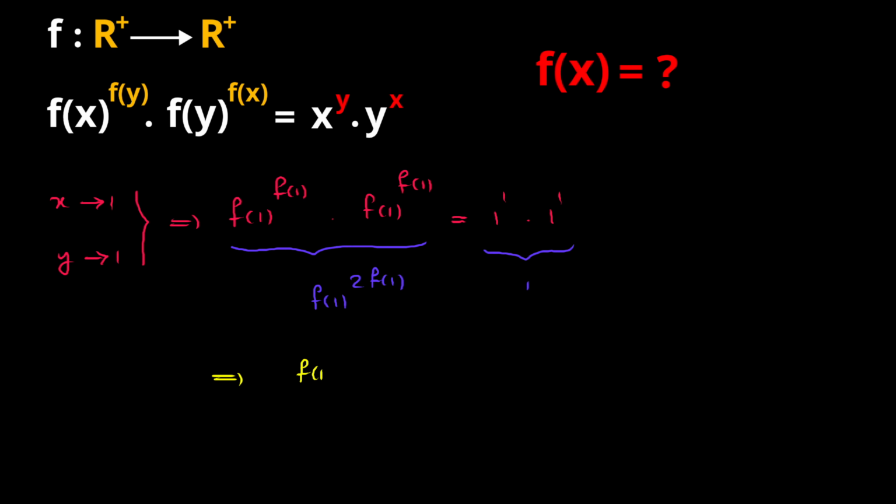Now, since f(1)^(2f(1)) equals 1, we can solve this for f(1), and we will have f(1) equals 1. Let me explain a little more. Let's say we have an exponent like a^x, and this equals 1. Then we have two cases: either the base is 1, or the power is 0 where the base is not 0.